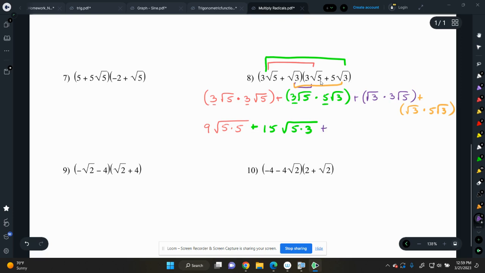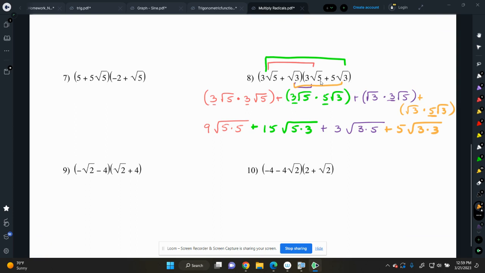Plus the outside, here we just have a 3, and the inside, we have 3 times 5. Plus the outside, there's a 5, and on the inside, we have 3 times 3. So we combined our outsides, combined our insides. Now we're going to go back and simplify it.